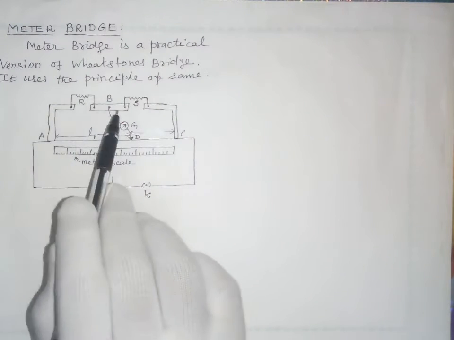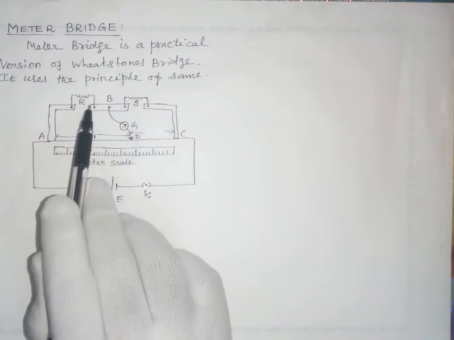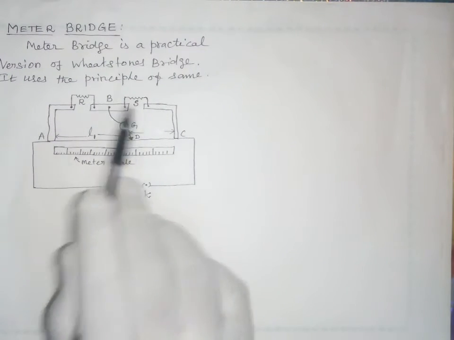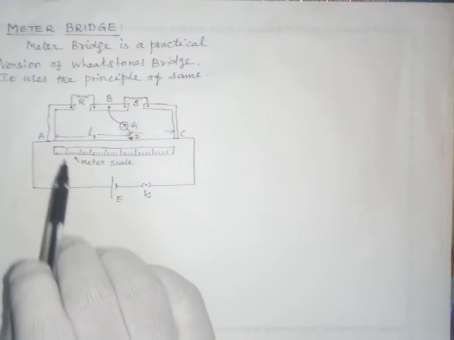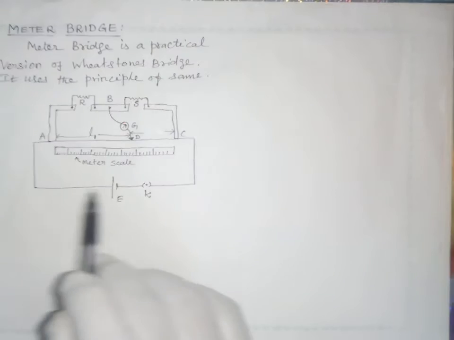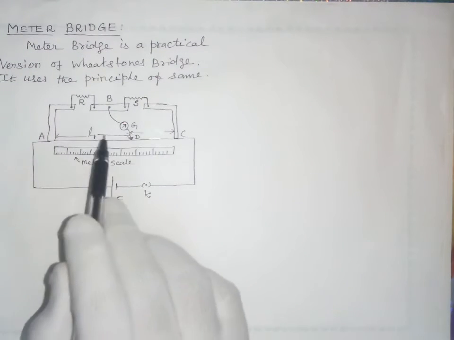The metallic strips have two gaps in which the resistances R and S can be inserted. Between the ends A and C a battery is connected for the necessary potential supply.